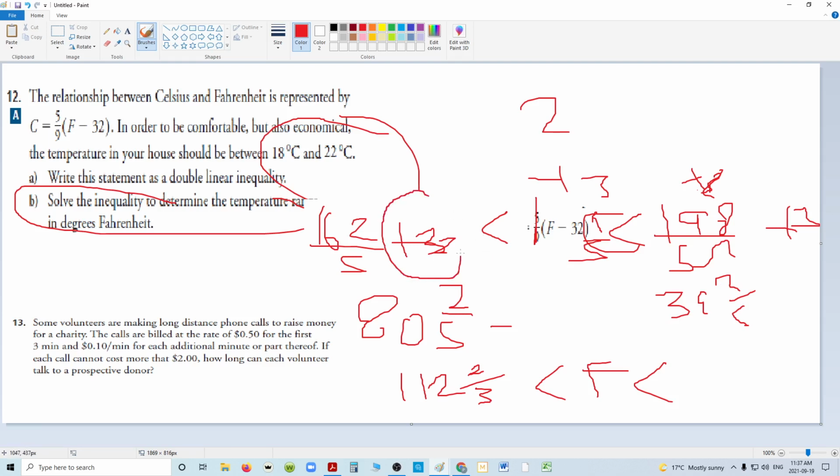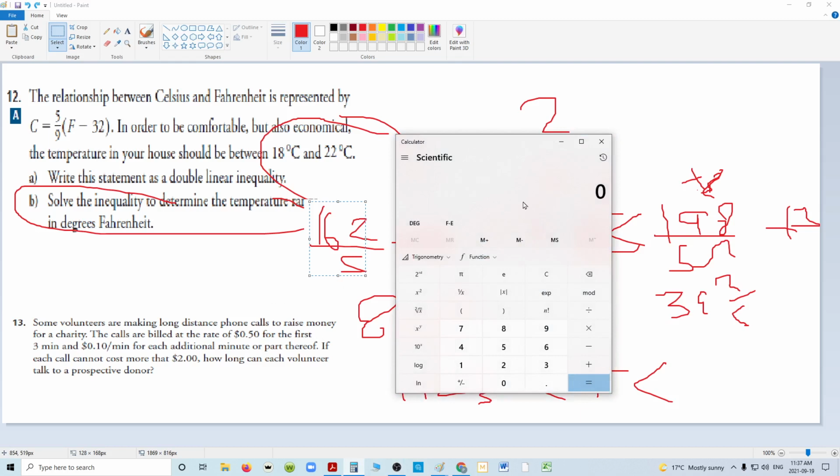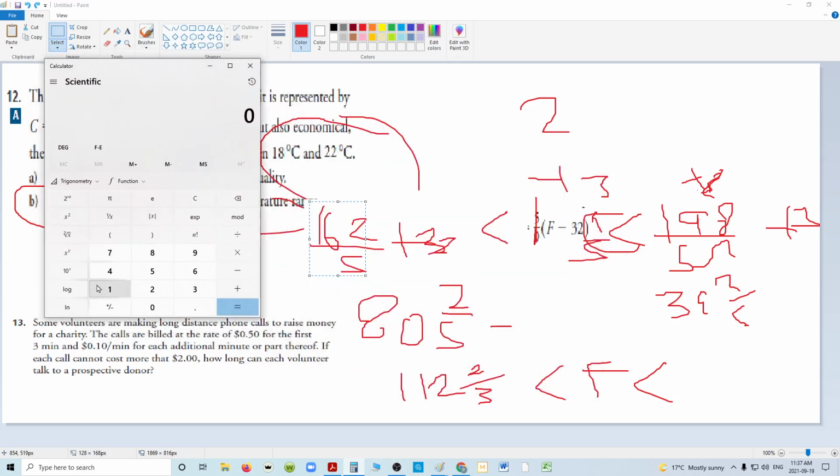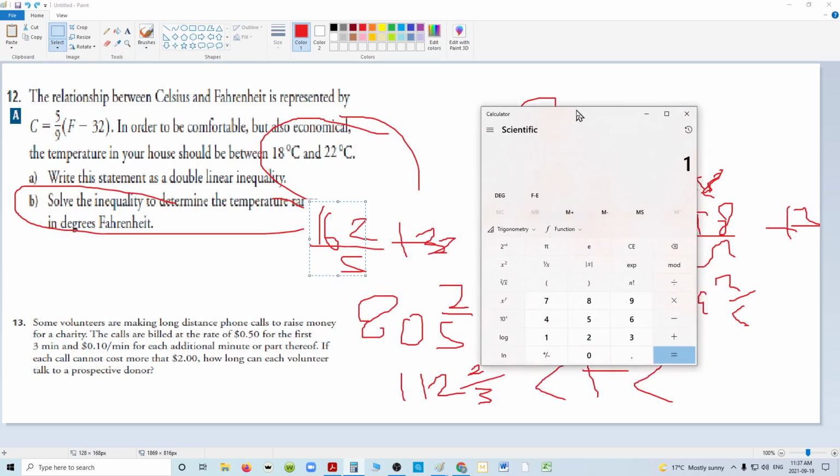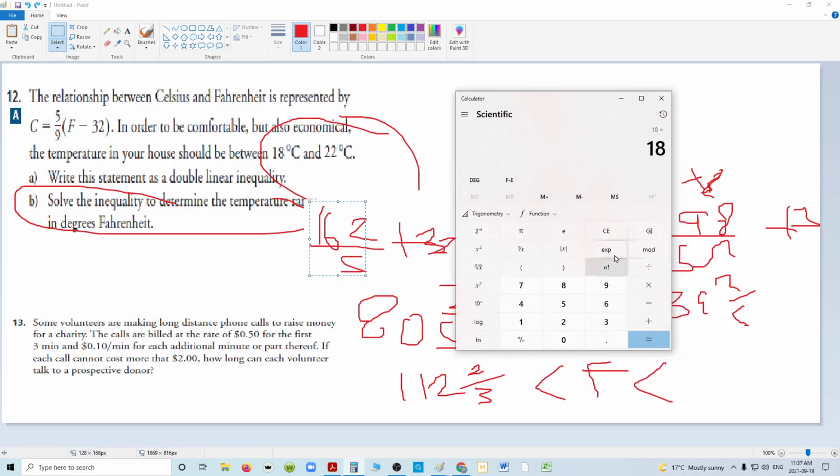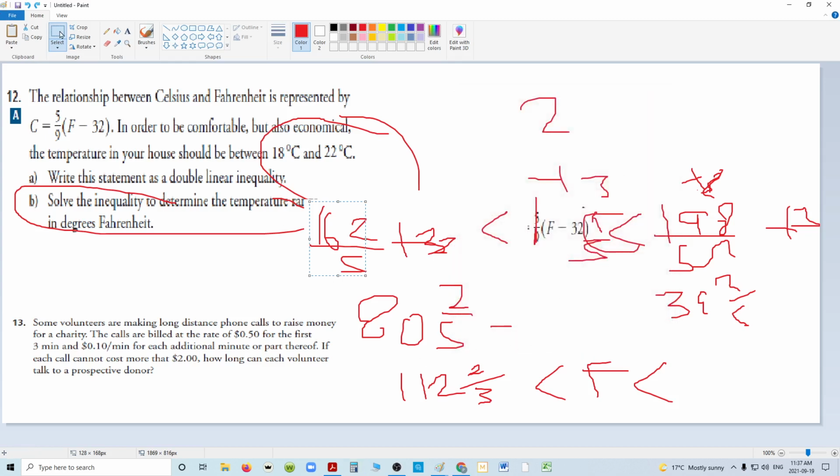I think I put the 18 on the wrong side here. I'll just work with numbers. What is 18 times 9 divided by 5 plus 32? 64.4. So I totally got that wrong.